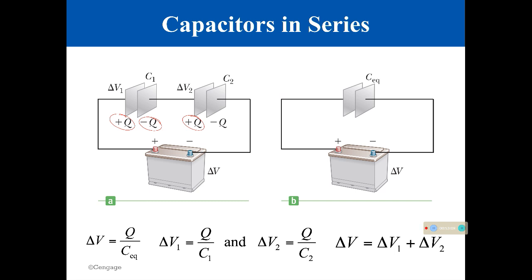Why is that? Well, this positive is going to take negatives off of here, and put negatives over here. And notice that this center guy right here is not actually connected to anything. So why should they have different charges? Well, what is this positive going to do to negatives in this wire?